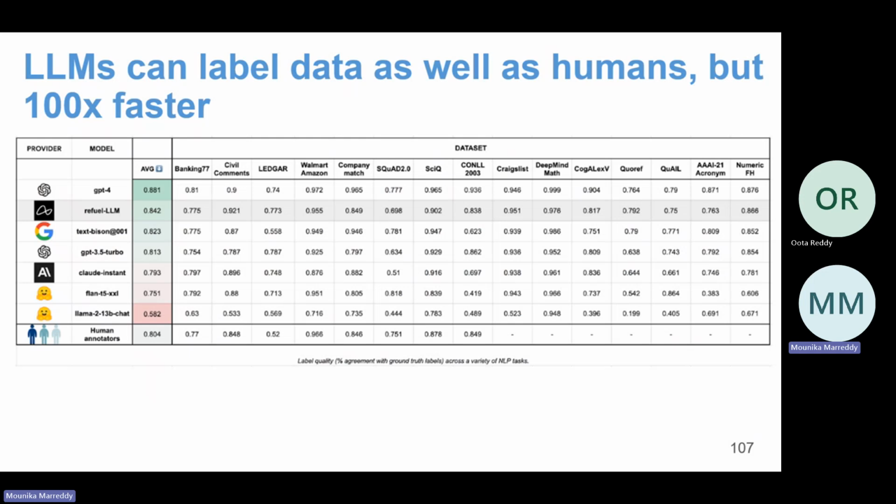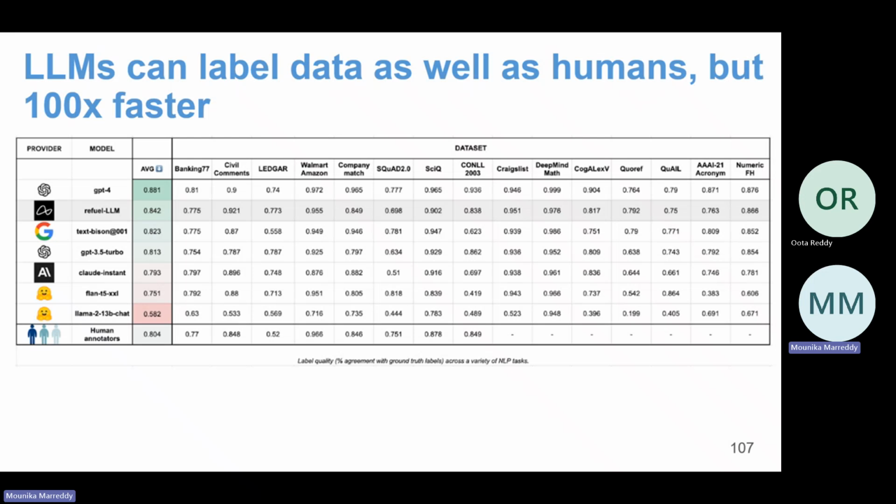Label quality measures how well the labels generated by humans or LLMs agree with the gold truth label provided in the dataset. For example, these are already annotated datasets, that means we have the gold label, and also we do human annotation and LLM annotations. We have three labels. The first one is the gold label, the second one is the human annotation labels, and the third one is the LLM annotation labels.